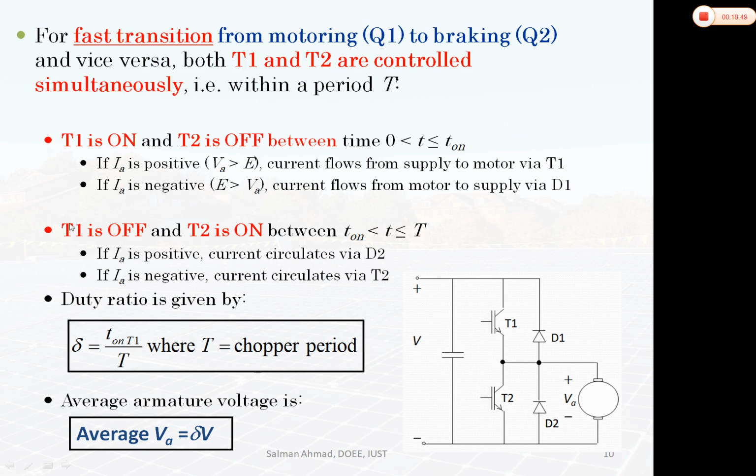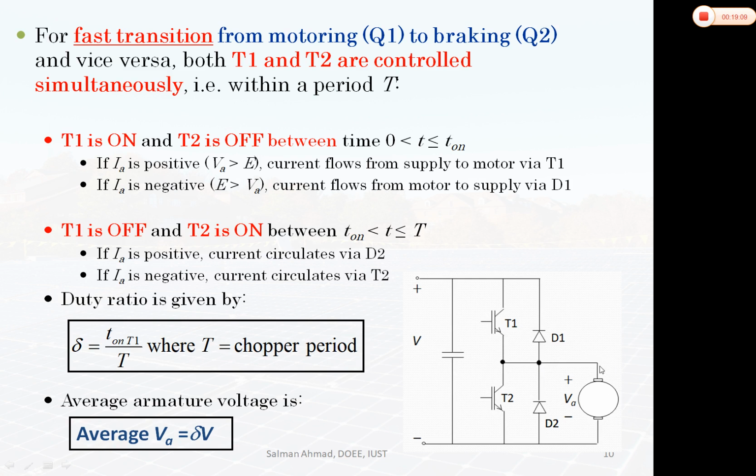Similarly, when T1 is off and T2 is kept on between T on and the total time period, if Ia is positive, current circulates via D2. So if Ia is positive, it circulates through this path, which again is motoring operation.